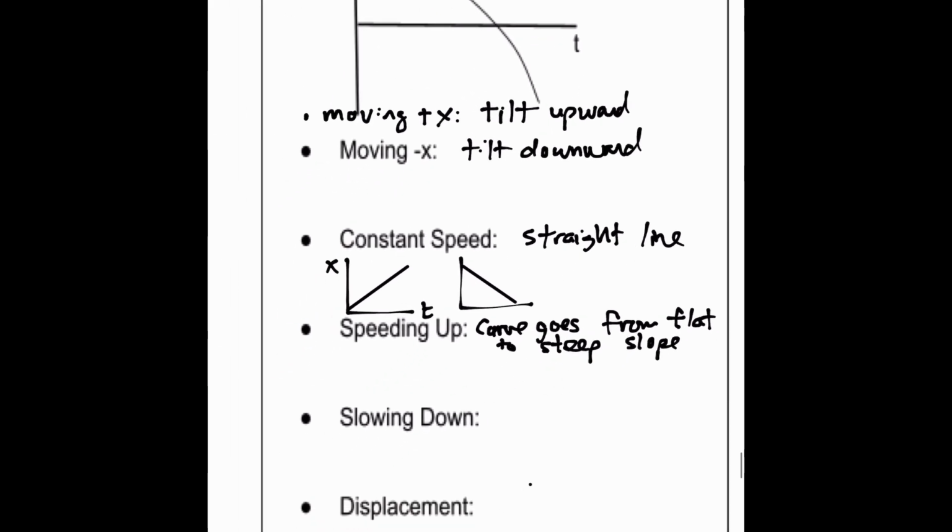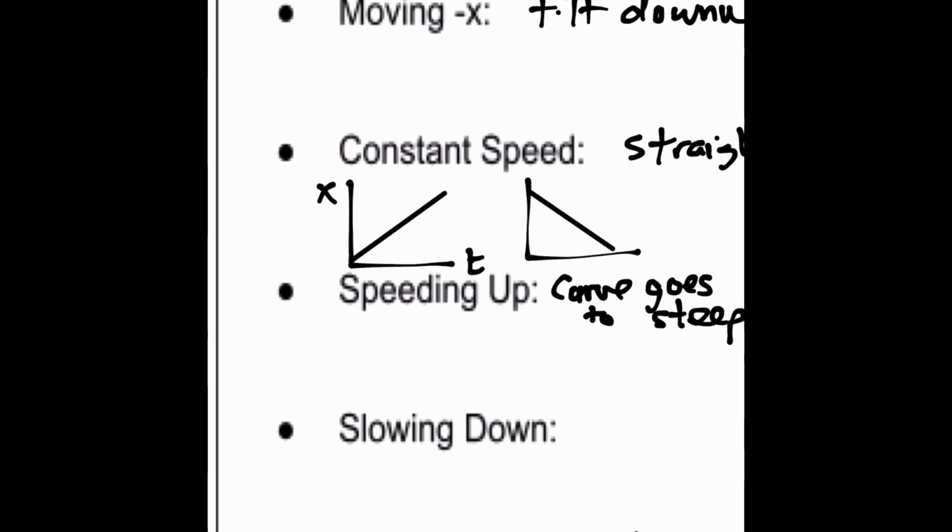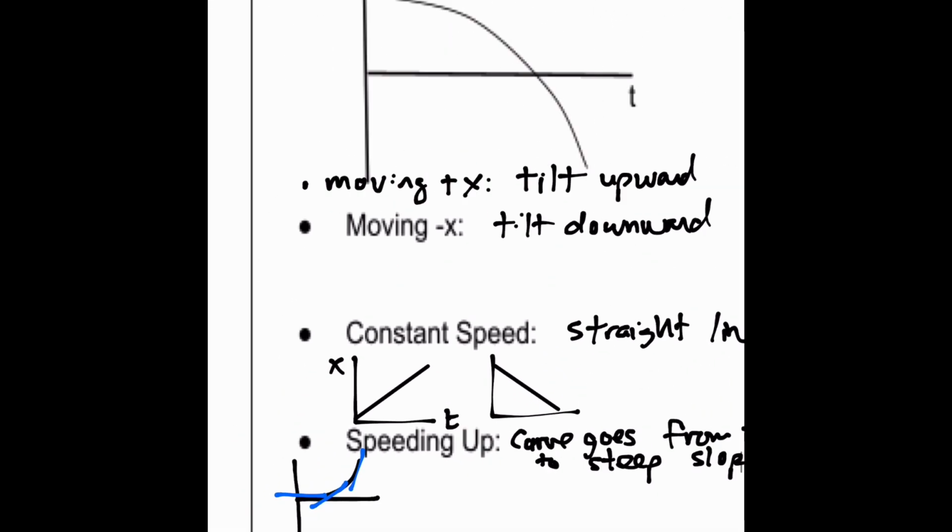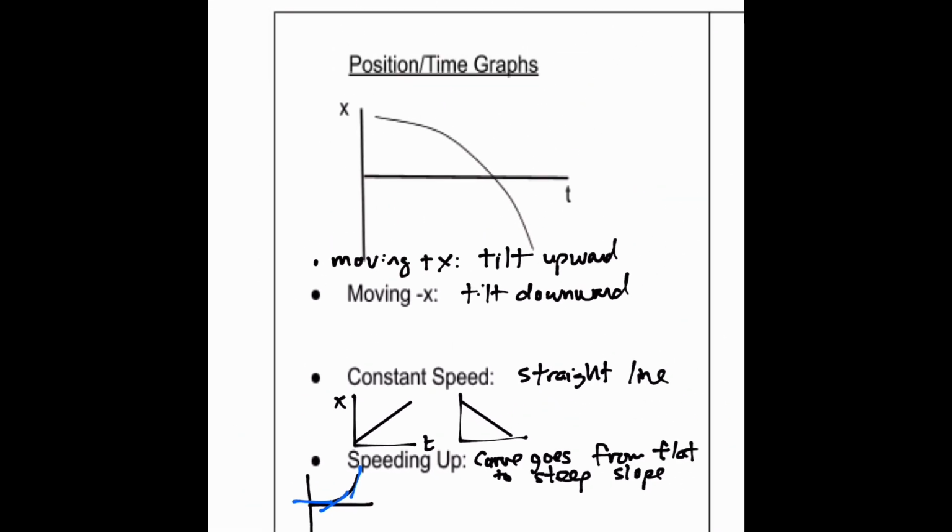Let me show you a couple examples. One we could do is like this, where you can see we start with a flat slope, and the slope is getting steeper as we go. The object's going faster. One of the things that we're going to learn shortly is that the slope of a position time graph is the velocity.